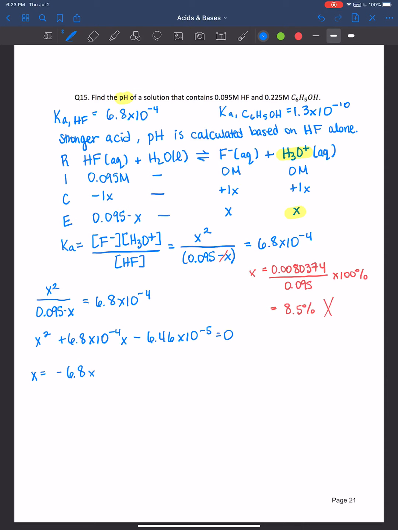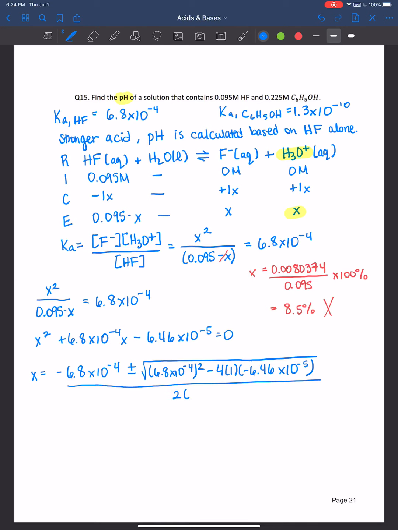Negative 6.8 times 10 to the negative fourth plus or minus the square root of b squared minus 4 times a, which is 1, times c, negative 6.46 times 10 to the negative fifth, over 2 times a. You'll get two solutions, but one will be bogus because it gives you a negative concentration at equilibrium.